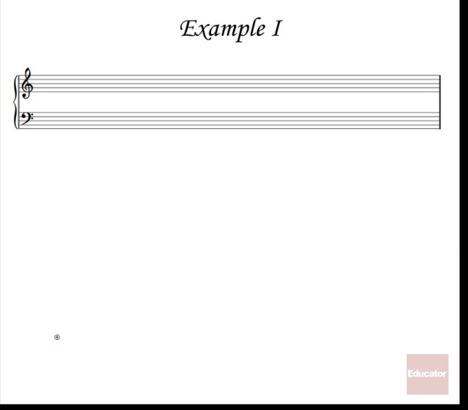Okay, for our first example, let's say we are given a key like G major and asked to write a period that ends on a half cadence. So the way to do this is to, again, plan out the harmonic progression first and foremost to make sure it all makes sense.